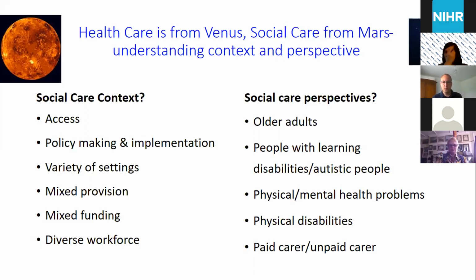Some of these groups, in other research contexts and perhaps in some large-scale health research projects of the general population, might be considered seldom heard groups, but tend to be more the bread and butter of social care research.